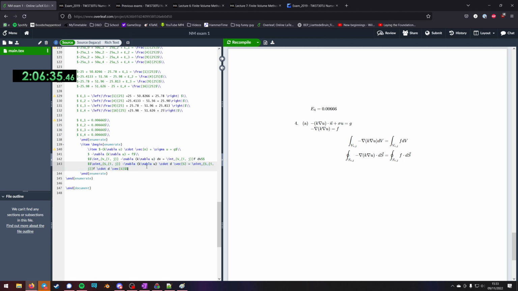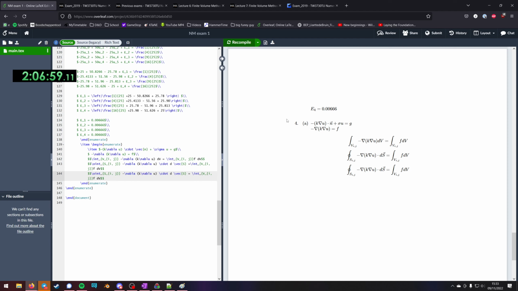So this will be split up. Actually, I think the right side just stays the normal integral. We don't integrate over the edges of the right side, because the left side can be split up into two non-boundary parts and a boundary part, and the right side can't.